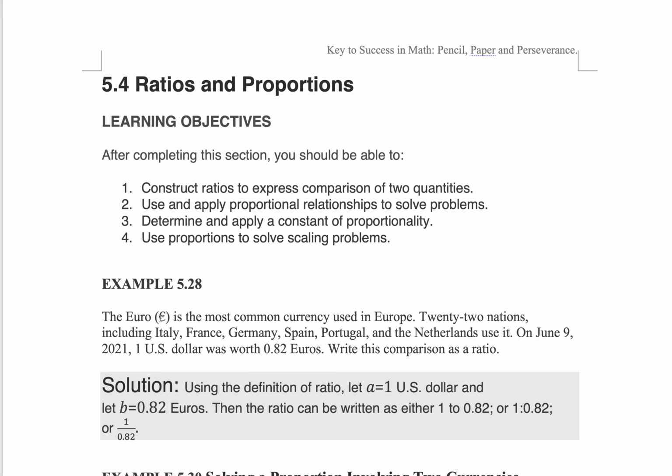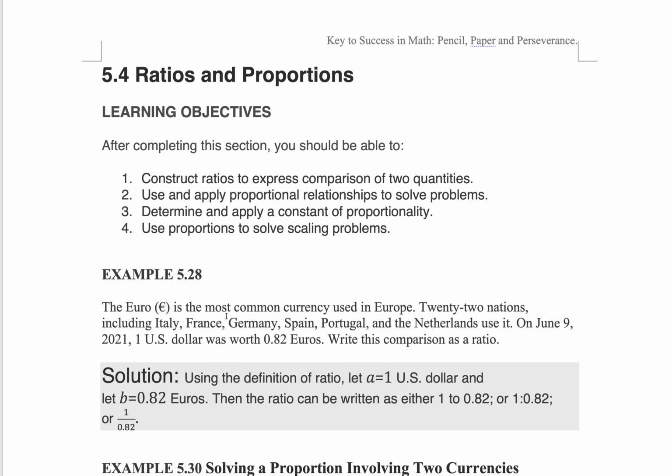So here's the example from the textbook, and the actual number is from, I think, 2021. It basically says $1 has less value compared to €1. $1 was worth 0.82 euros, and we want to write this comparison as a ratio.